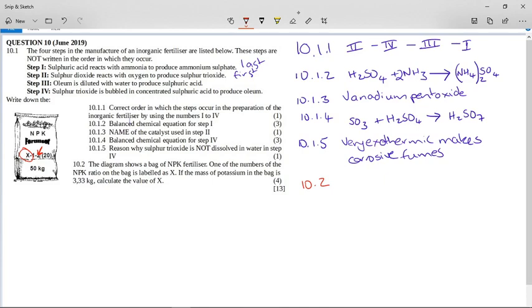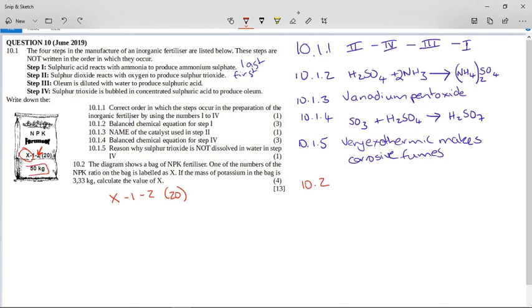Now, what's the first thing to remember here? This bag goes X, 1, 2, 20 in brackets. What is the very, very first thing to remember? The very first thing to remember is that this 20 here is telling you how much of this bag actually contains fertilizer. This bag is only 20% fertilizer.